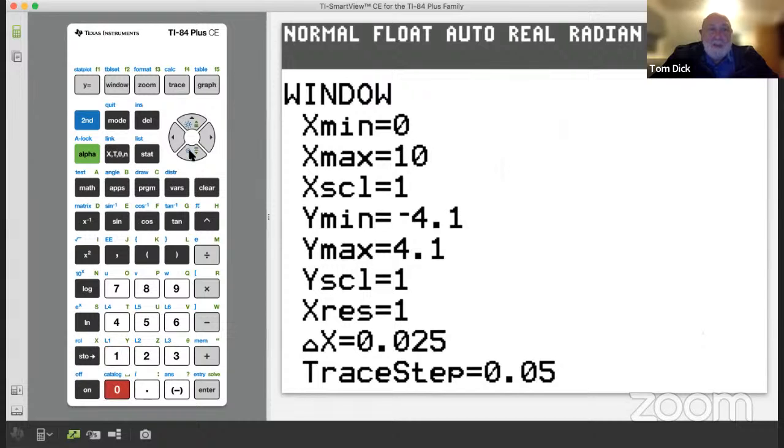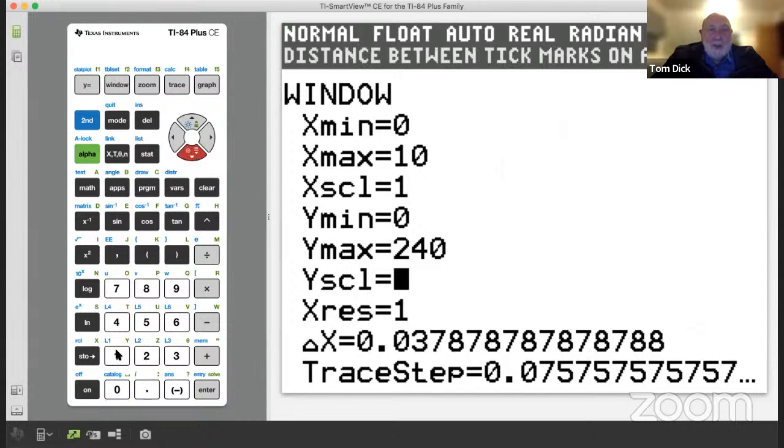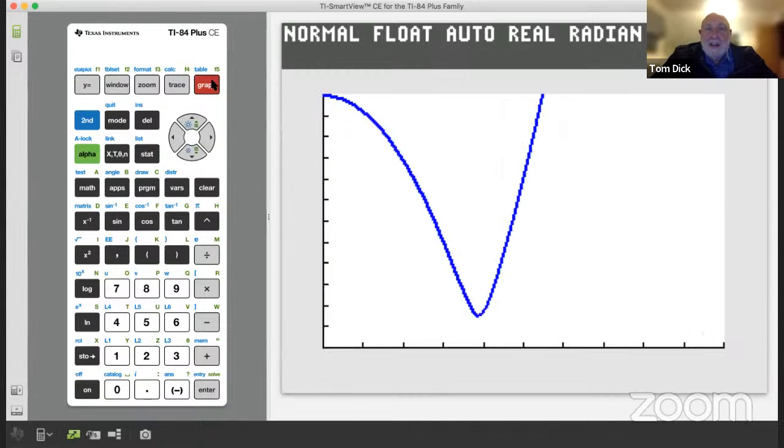And then for the y range, let me go from 0 to 240. And I'll make my y scale something reasonable like 20. There we go. Let's graph that.